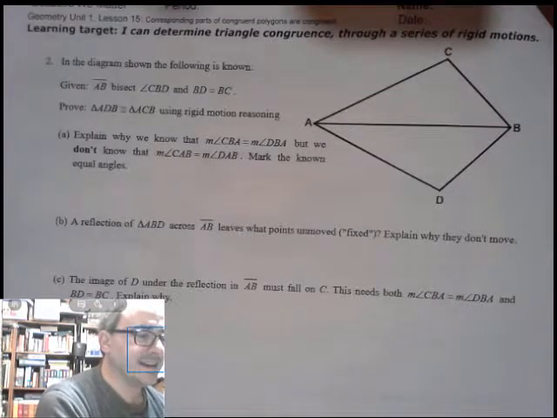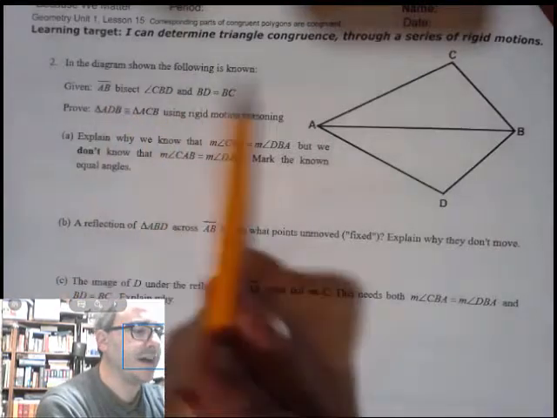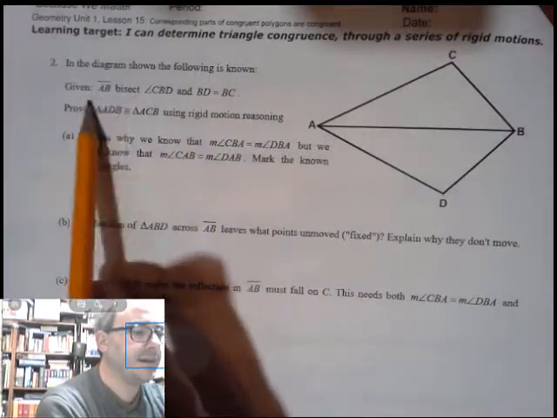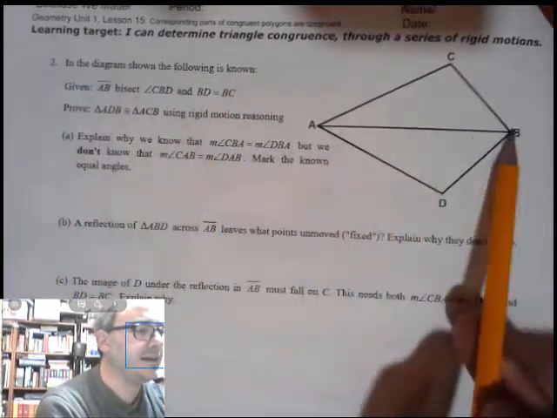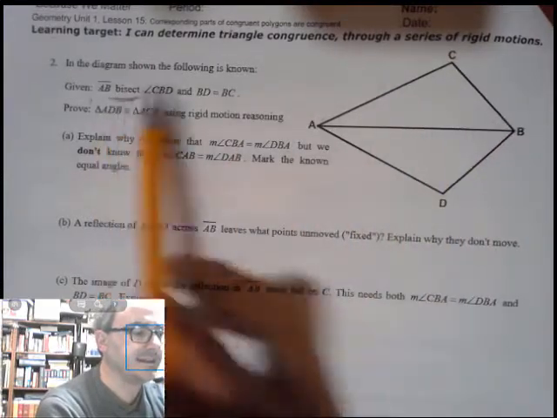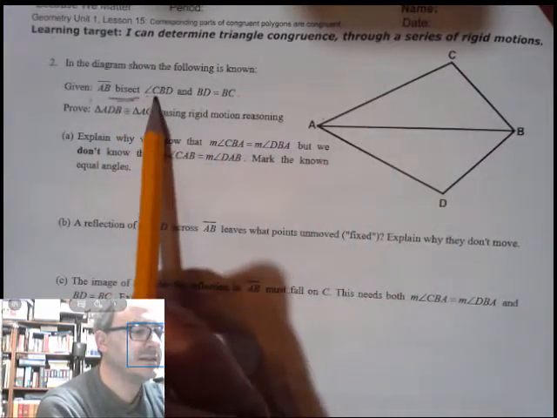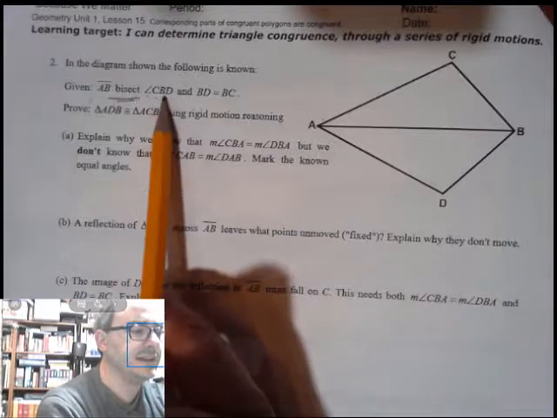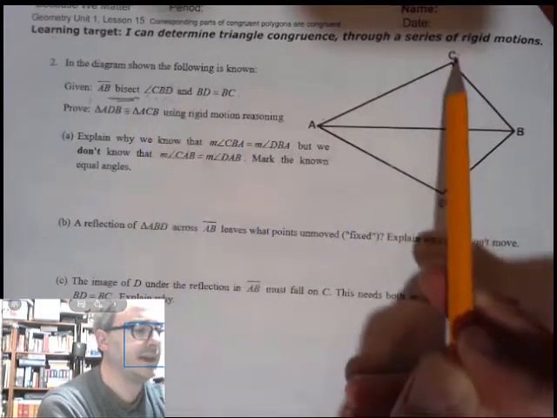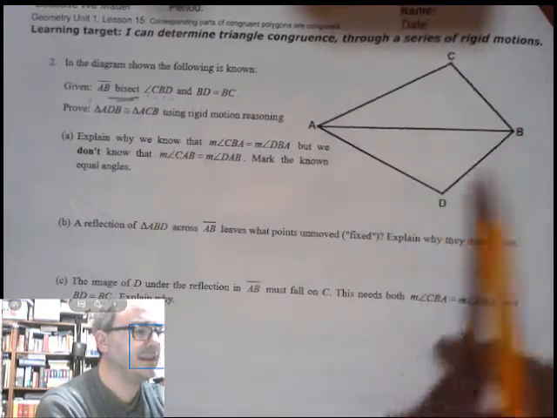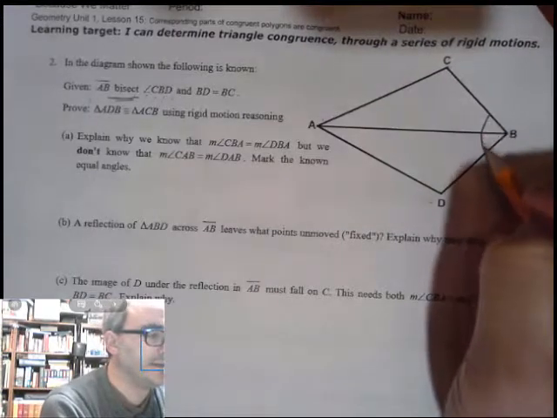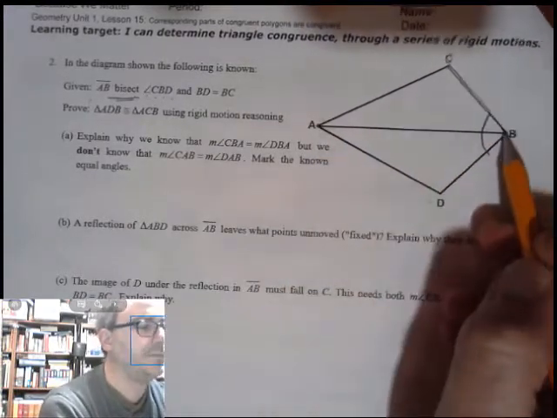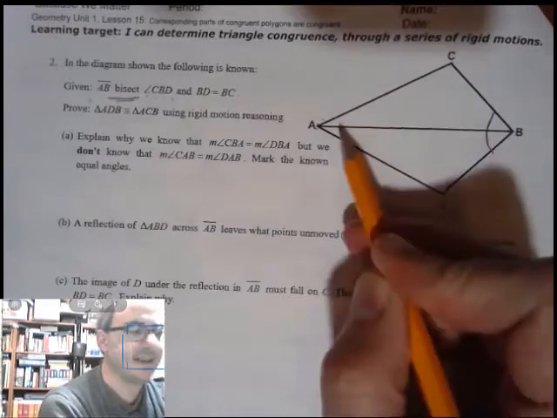In the diagram shown, the following is known: AB bisects angle CBD. This is angle CBD. That's the angle that's getting bisected, and it's AB which is doing the bisecting.